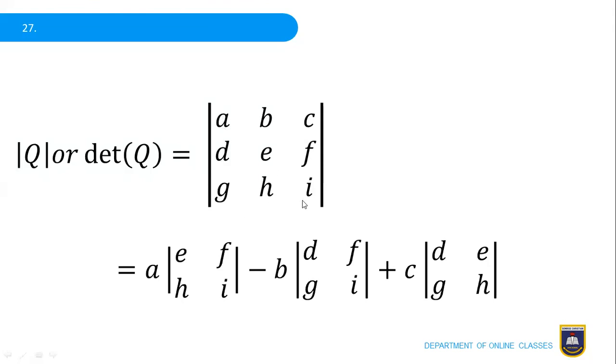All the elements remaining, the ones you didn't cancel, we call them cofactors. So let me do that. If I pick A, to get the cofactors of A, I'm going to take off the whole row and then the whole column. Now we are left with E, F, H, I, and that gives you the cofactors of A.